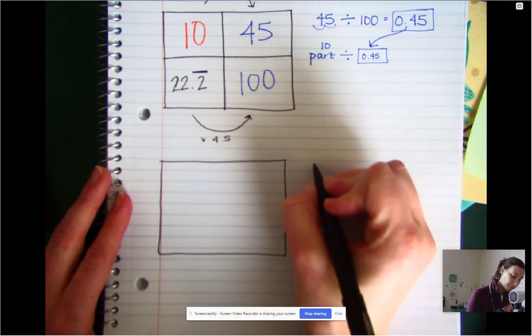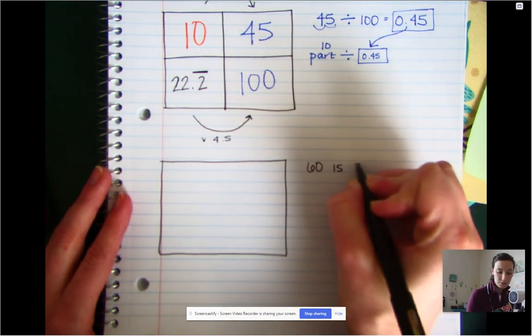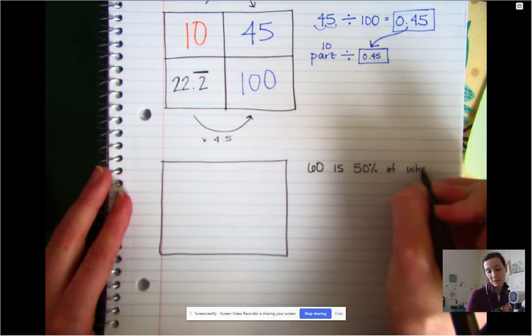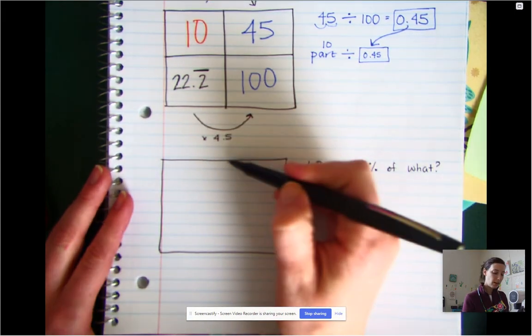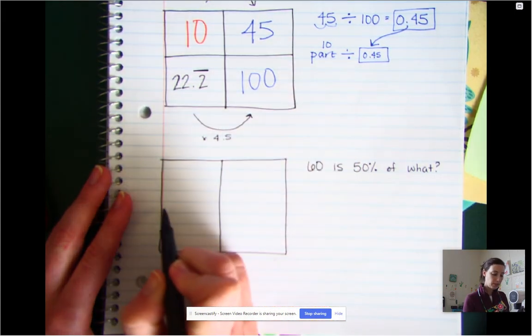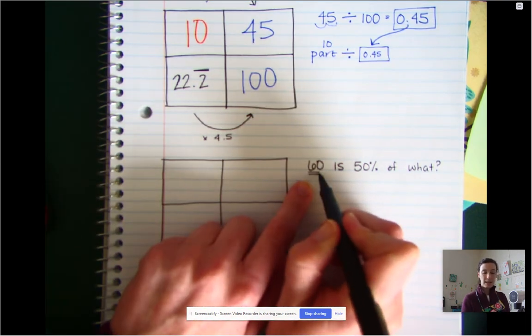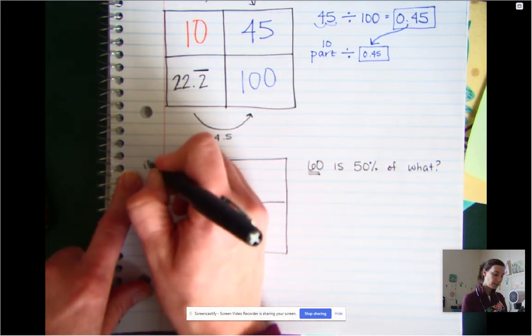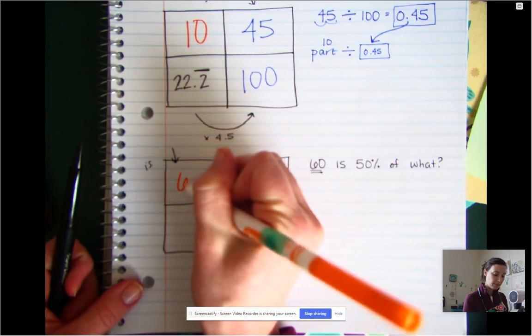How about 60 is 50% of what? Some of you might already know this, which is good. That'll help you reinforce the procedures that we're doing here. So 60 is the part. Whatever comes before is goes in this box, which in this case is 60.